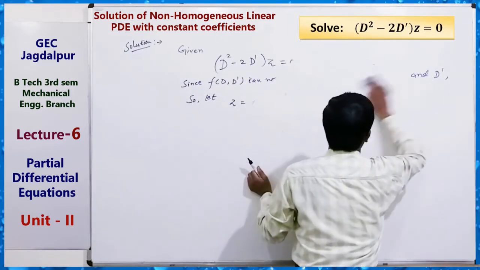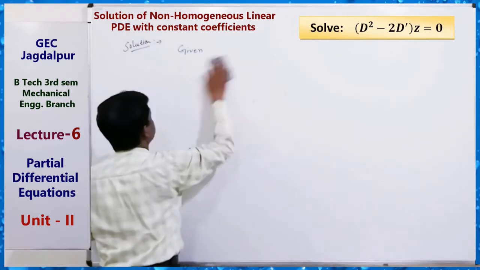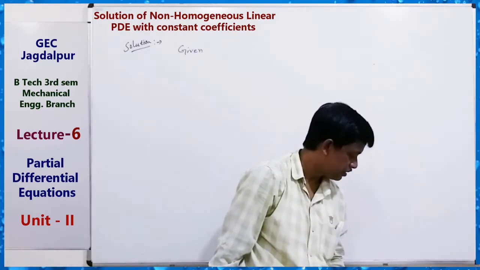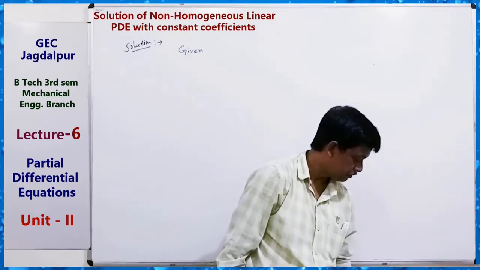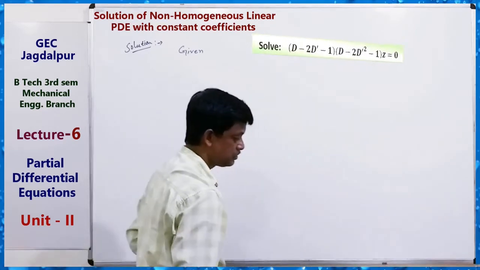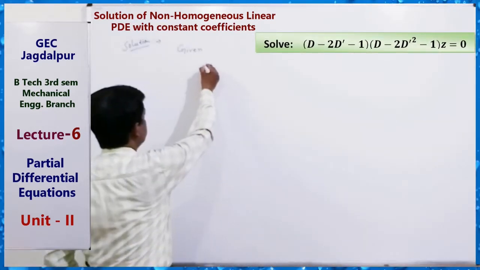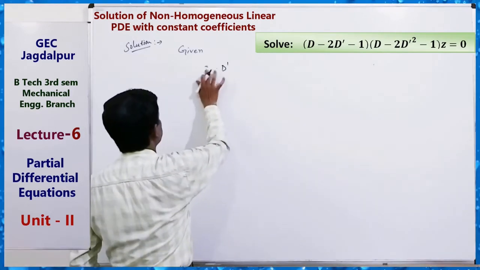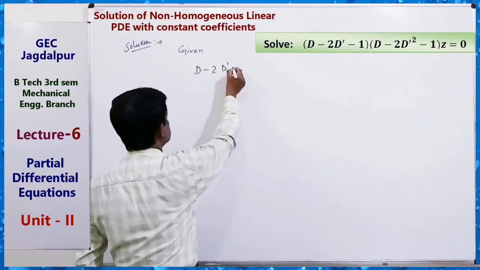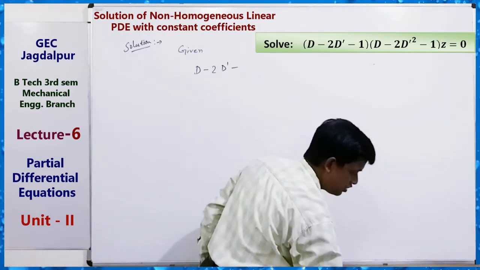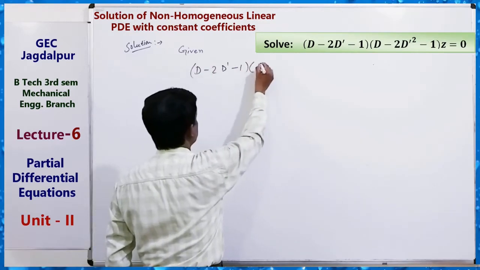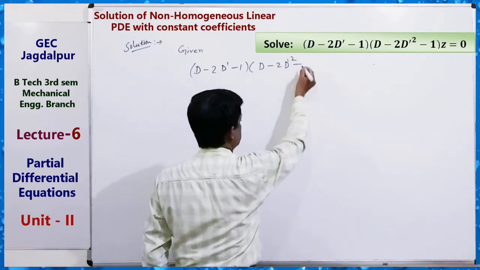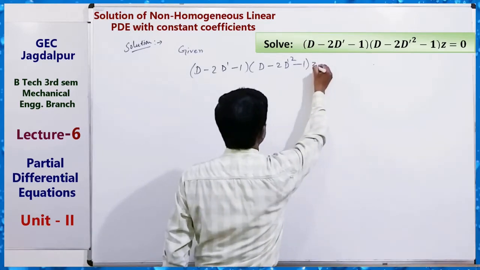Okay, now take another question. D minus 2D dash minus 1, into D minus 2D dash square minus 1, z equals to 0.